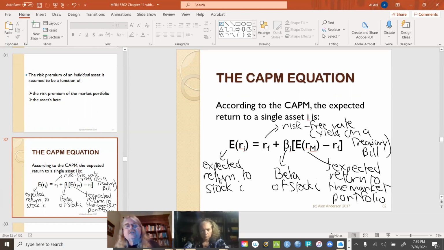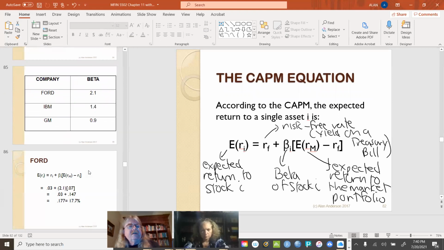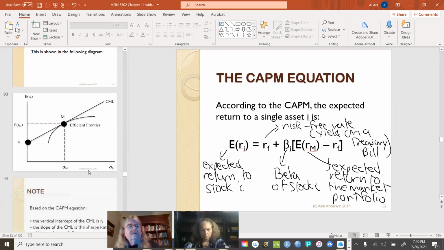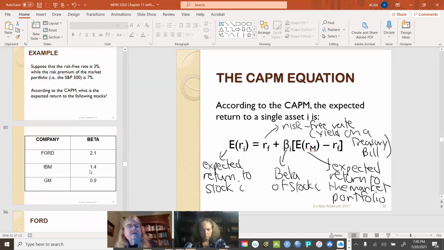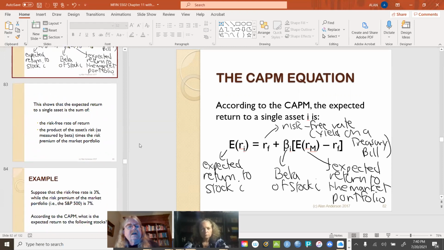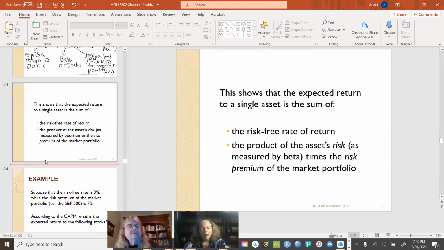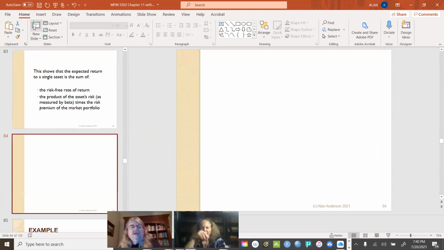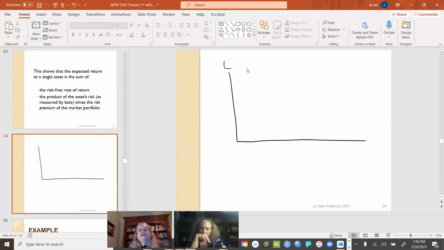Now, you can actually draw a picture of this. Let me see if I've got one right here. Down here I do. All right. So in other words, if you look at this carefully, you'll see that if you put the expected return up here on the vertical axis and the beta on the horizontal axis, the intercept of this line is the risk-free rate.